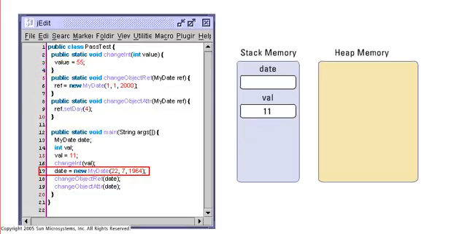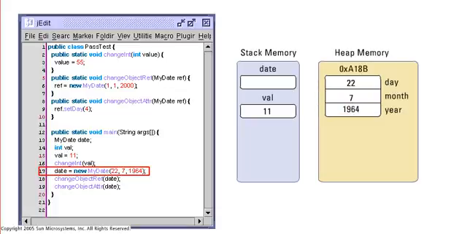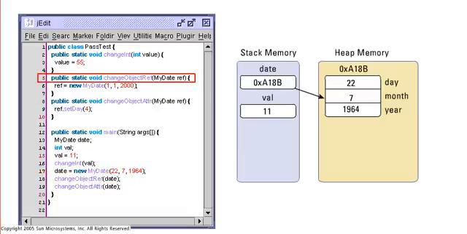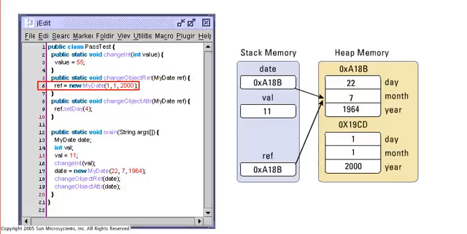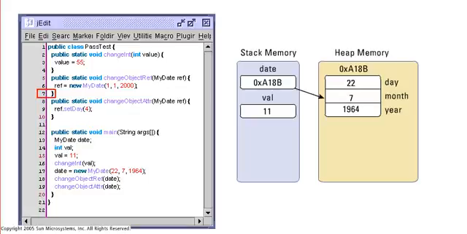What that means is a copy of the value is made and copied into the argument variable of the method. So for instance, we see in our example here that when we call the changeInt method, we make a copy of the value in the val variable and copy it into the value variable of the changeInt method.